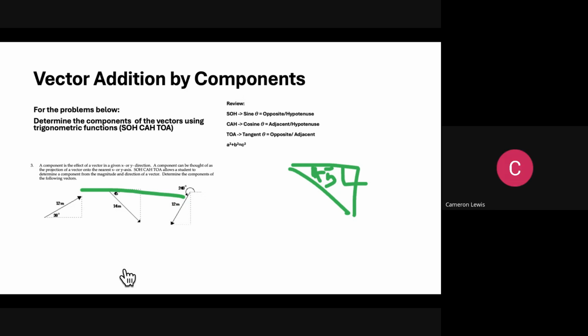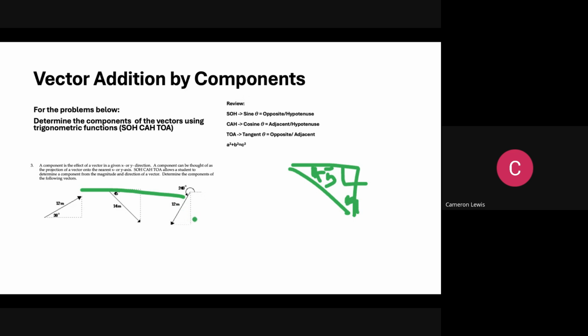Say it one more time. 180. If I know that one side is equal to 90, the other side is equal to 45, what's this last angle? 45, good.